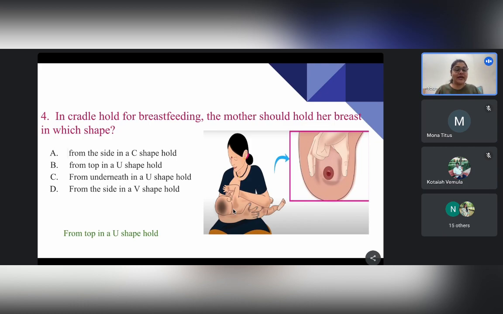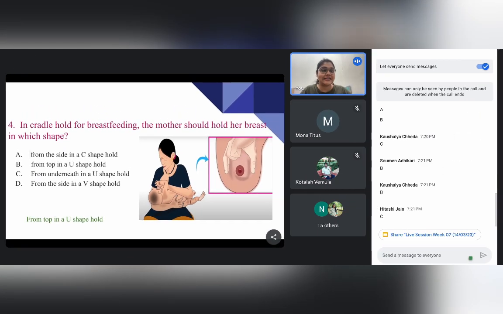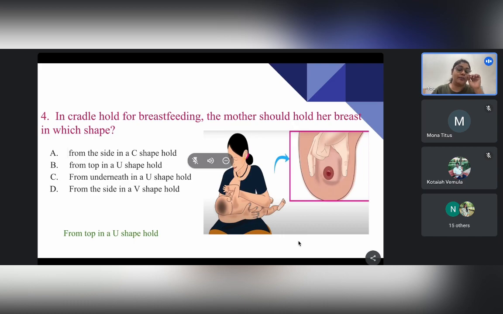So the best way in which she can do the breast contouring is holding the breast from the top in a U-shaped hold, right? So for the cradle hold position, as many of you have very rightly said, the most effective breast contouring technique would be from the top in a U-shaped hold.